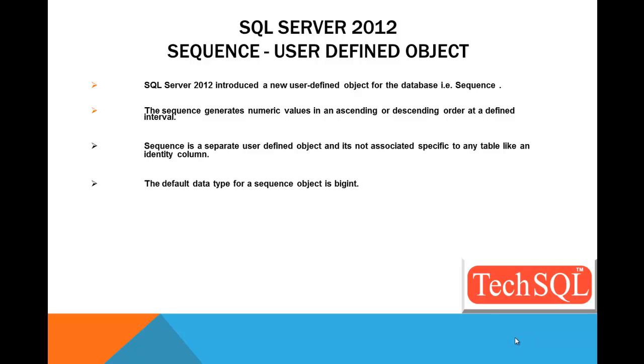The default data type for a sequence object is big integer, though you can define it as tiny integer or other numeric data types. But if you don't specify any other data type, then it will get the default data type of big integer.